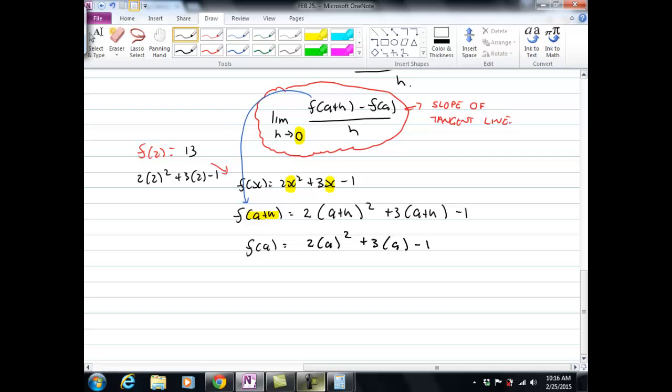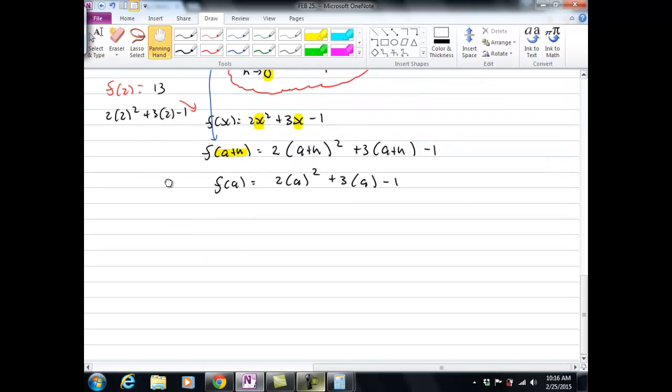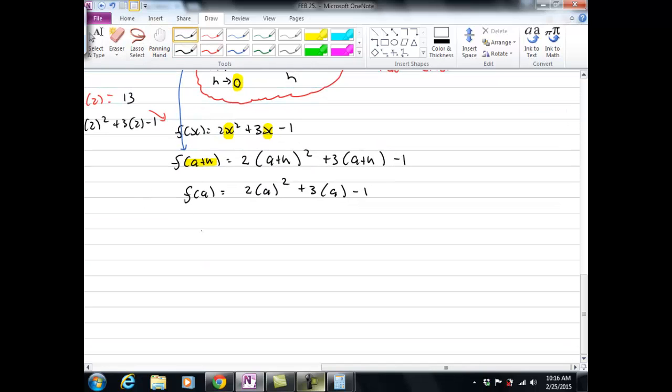I'm going to put these together now. Watch what I'm going to do carefully. I go 2 times a plus h squared plus 3 times a plus h minus 1. Be careful about this one. There's a minus sign. Now, I like to put this in brackets to help people out. Some of you can do this without looking. If you need brackets, which is fine: 2a squared plus 3a minus 1.